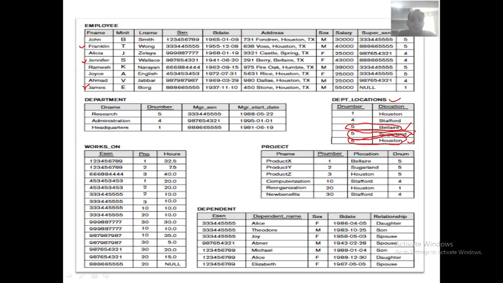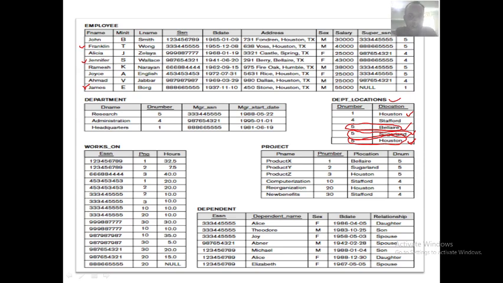If you take only department location, will it become a primary key? No. Why? Because department number 1 is also located in Houston, and department number 5 is also located in Houston. So there are duplicate values, and it will not become a primary key. Department location alone will not become a primary key. Hence department number and department location both together are the primary key.